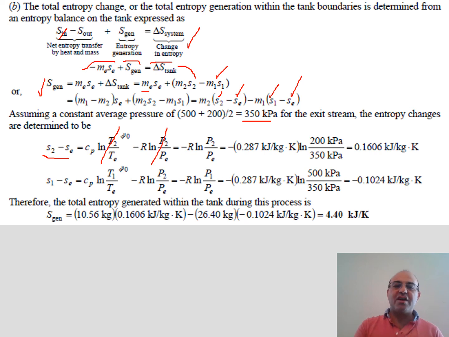This is between state 2 and exit, or between any two different states, this equation applies. So therefore it's equal to minus R natural log of P2 over Pe. And for Pe, we just use an average value because this is a uniform flow process. This is an approximation, but it's fine.